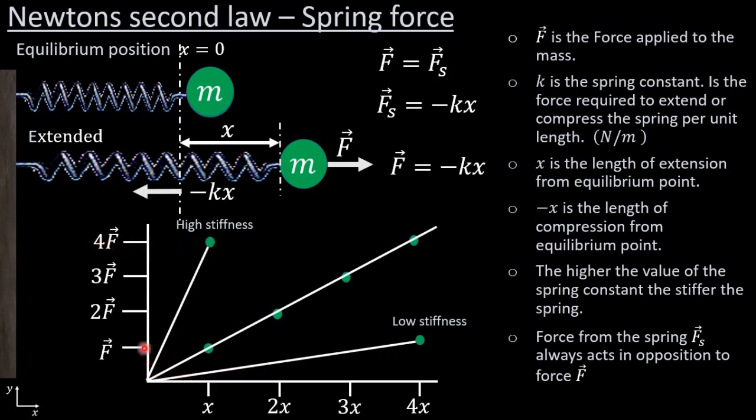We've had to apply a force 4 times greater to extend it to the length x compared to the other one. And for this spring here, we've only had to apply a force of F to extend it by a length 4x. So for this spring, it would have a spring constant 4 times greater than this, and for this spring, it would have a spring constant 4 times lower than this. Hopefully you can see the pattern there.